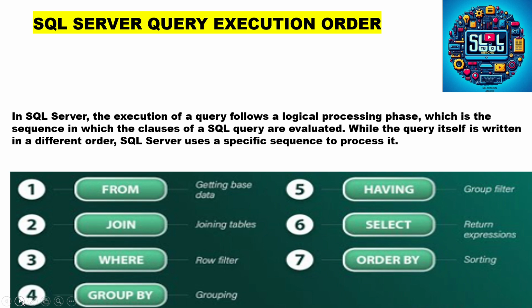Then the having clause will work, to filter out the aggregated results after the aggregation and the group by. Then the select will work, which returns the complete expression. And at the end the order by clause will work, which sorts your result set. Now let's move on and check each of them one by one in detail.